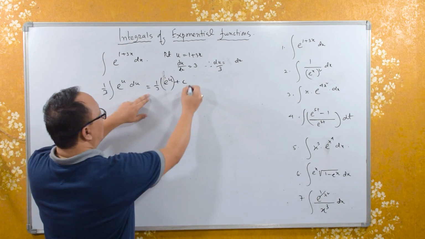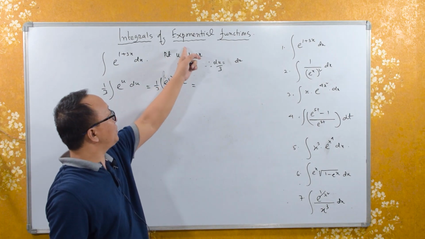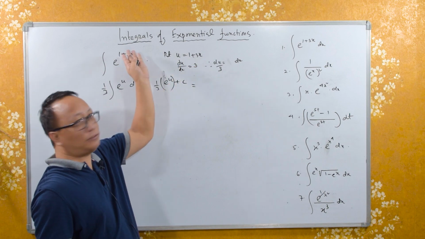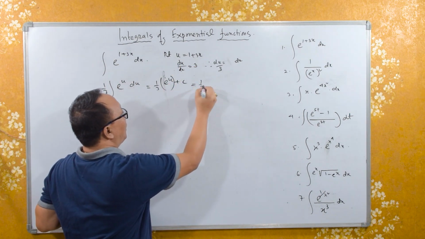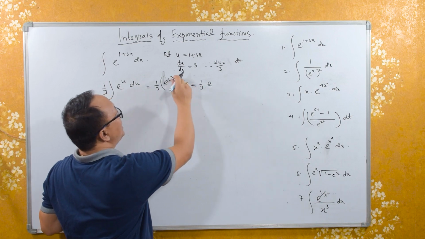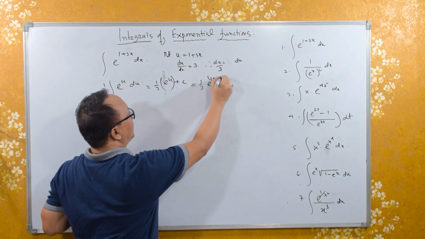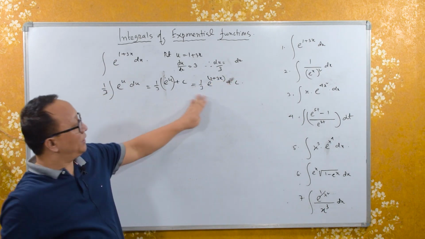You can't stop here, because you already introduced the new variable u, so you have to come back to x. So this is 1 by 3 into e raised to, u is 1 plus 3x, plus c. Okay, this is the required answer.